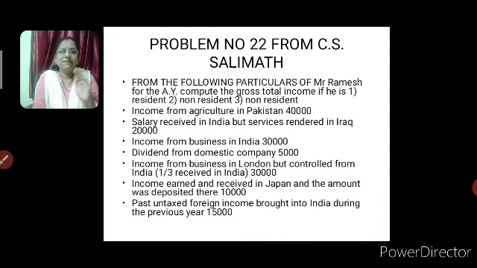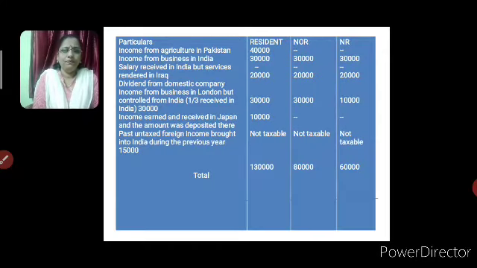This is the information they have given. Now let us see how to solve this problem.